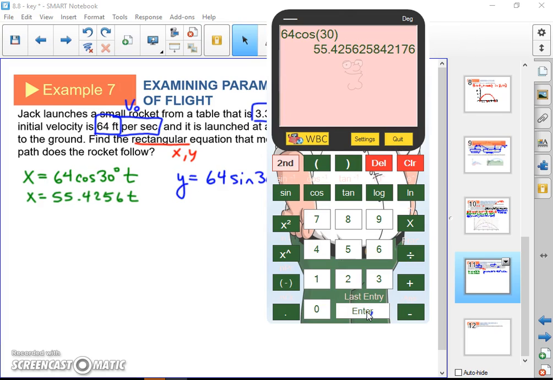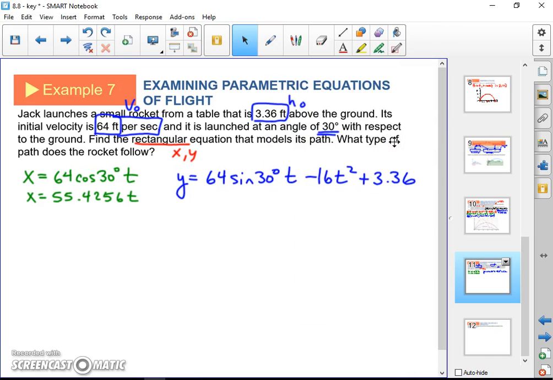In order to find a rectangular equation, we want to solve one of the equations for t and then plug it into the other. Solve an equation for t and plug it into the other. So let's do that. We're going to take this one and solve for t.